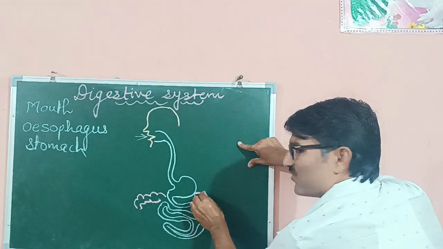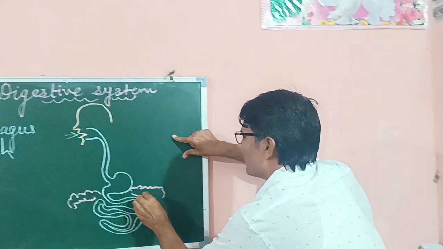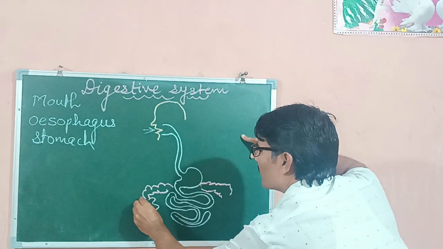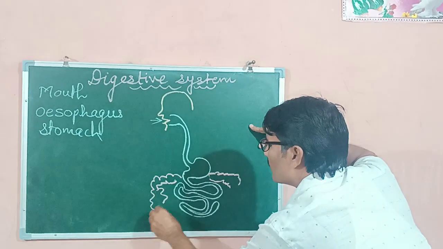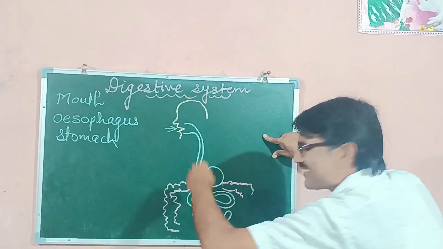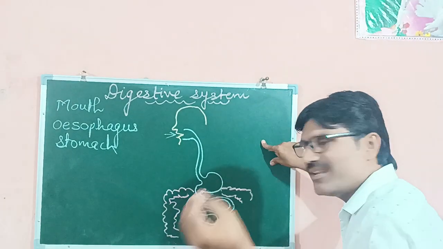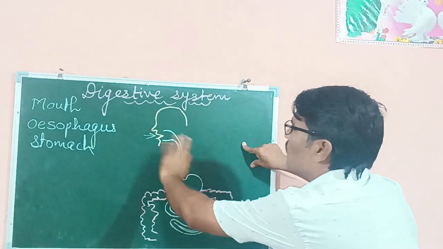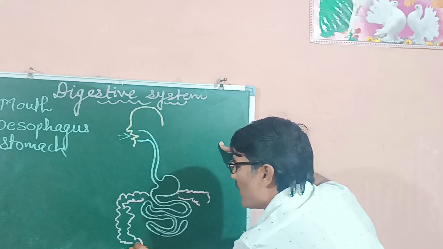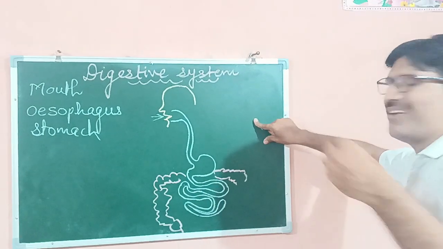So the structure of the large intestine is like this one. And towards the right side of the human body, now it is the left side of my body, but towards the right side of the human body, there is an appendix at the end of the large intestine, sorry.